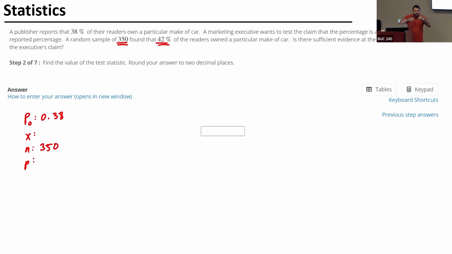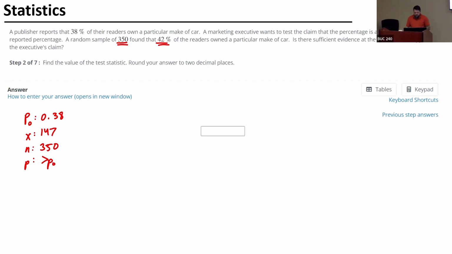So you can do this one of two ways. Do the math, or you can literally put in 0.42 times 350, and it'll do the math for you. But she is completely right, it is 147. And then we're doing what? Less than, greater than, or not equal to? It's going to be greater than p sub 0.